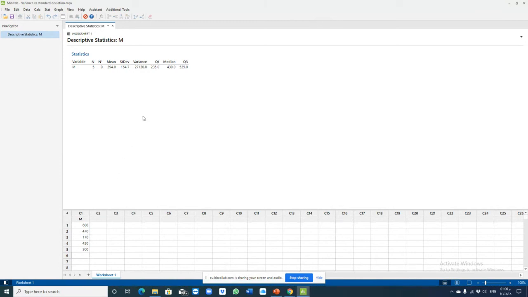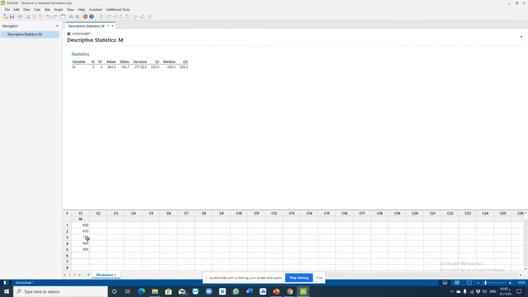When you compare 170 to the variance, it doesn't really tell you anything. But when you compare it to the standard deviation, it gives you a reference for how far away you are from the other data, because the standard deviation shows 164.